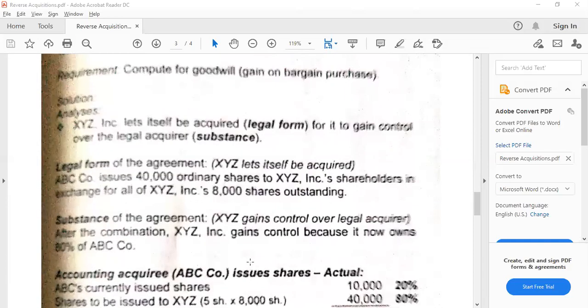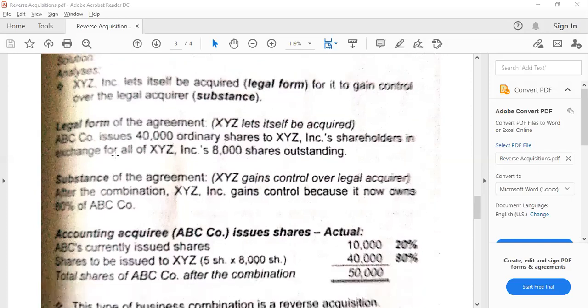And this analysis, so XYZ being the private entity, wants to be acquired by the legal acquirer ABC company, that is the accounting acquiree. So again, it does not jive because the accounting acquiree issued shares then. Legal form, ABC company issues 40,000 shares to acquire XYZ.